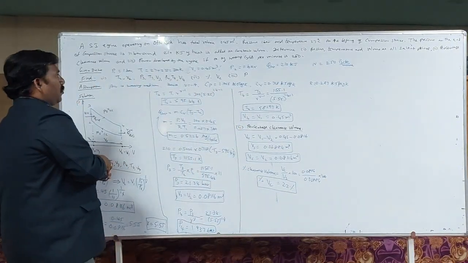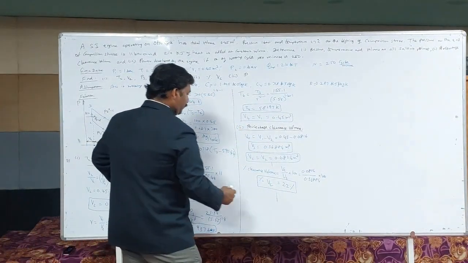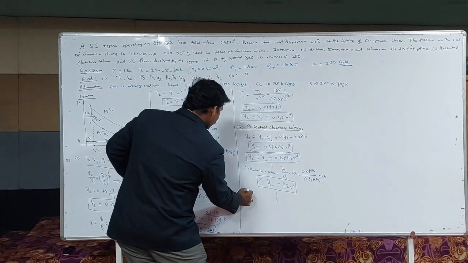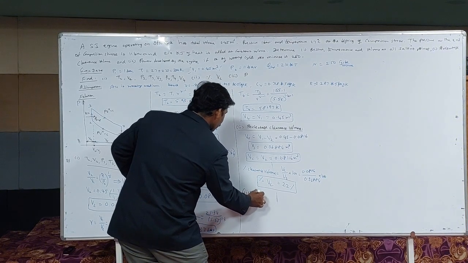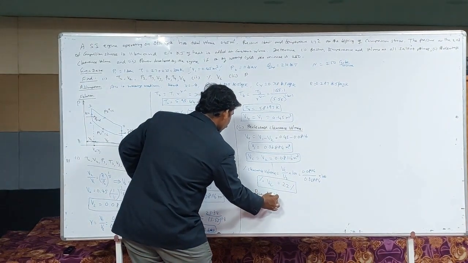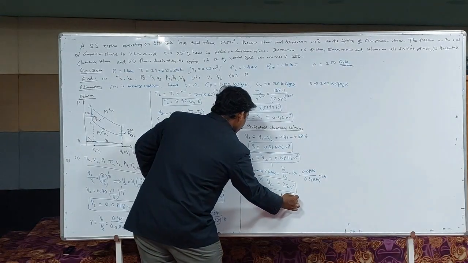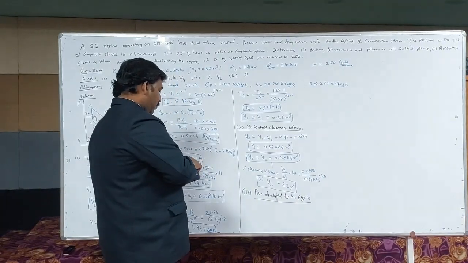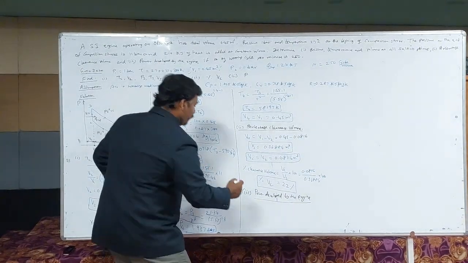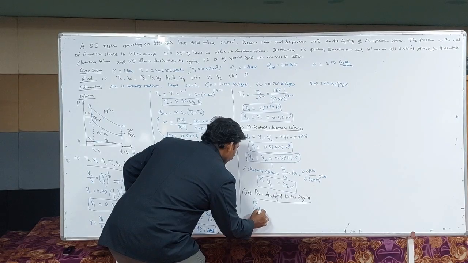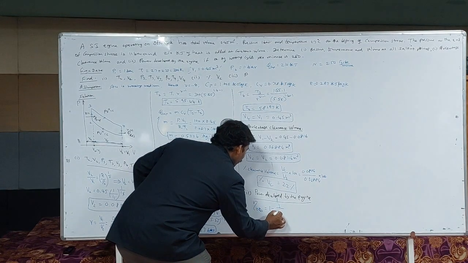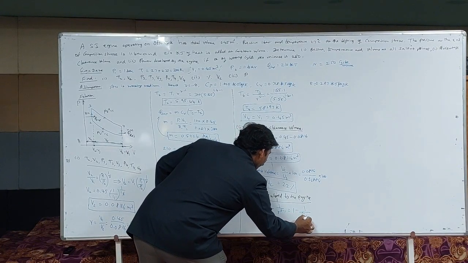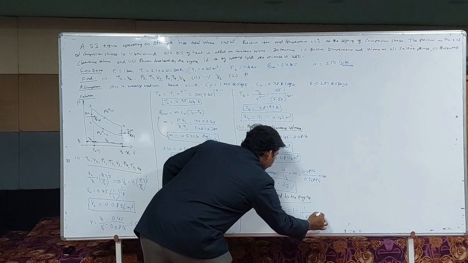So now we have to find out the power developed by the engine. What is the power developed by the engine? Case 3. In this case, we have to find out the efficiency of the engine first. Efficiency of an Otto cycle is equal to 1 minus 1 by R power gamma minus 1, that is 1 minus 1 by 5.55 power 1.4 minus 1.